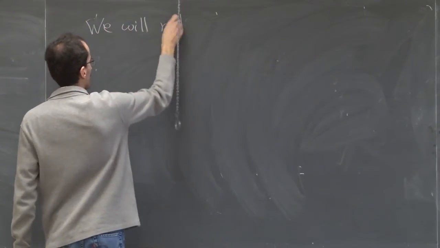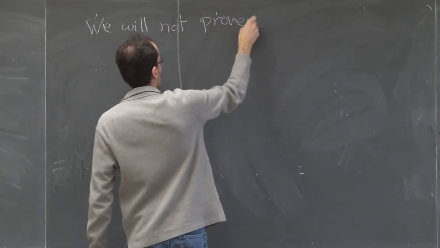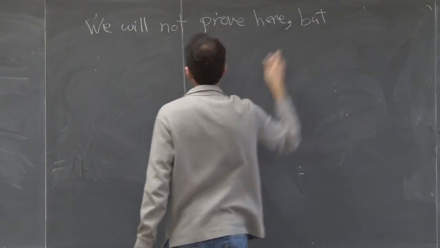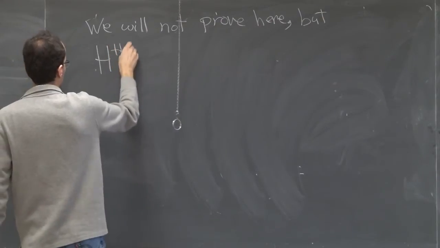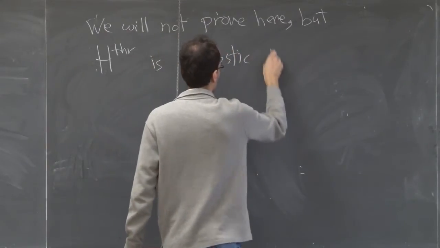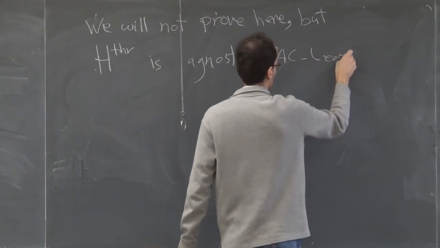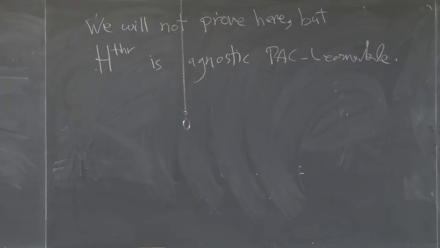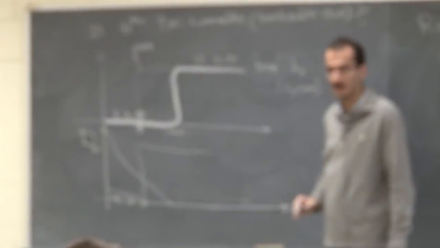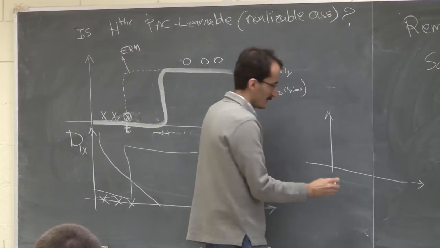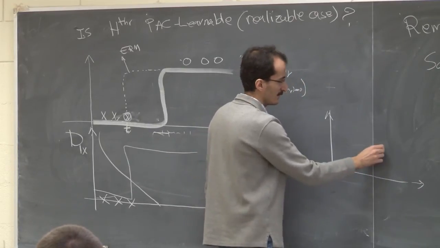We will not prove here, but H threshold is agnostic PAC learnable. So even if we complicate this and allow a non-realizable setup where you get mixed samples, in agnostic, it's not the case that you see zeros here and ones here.